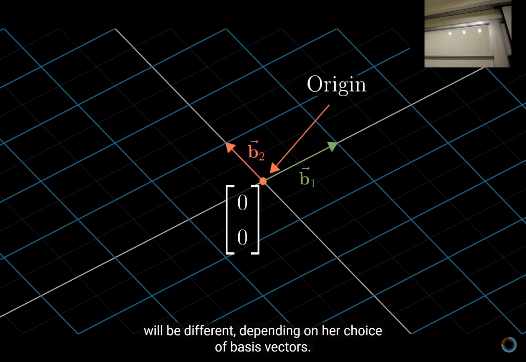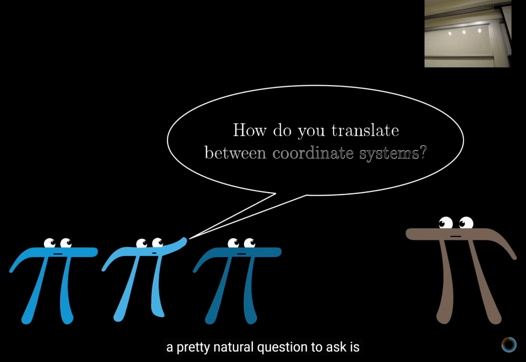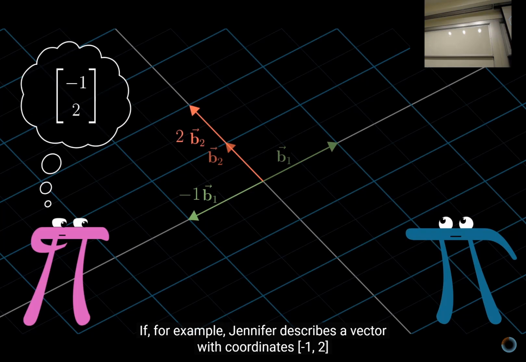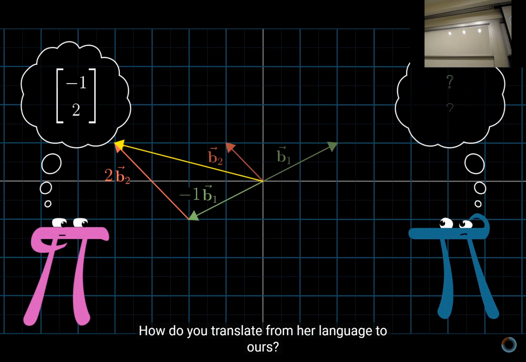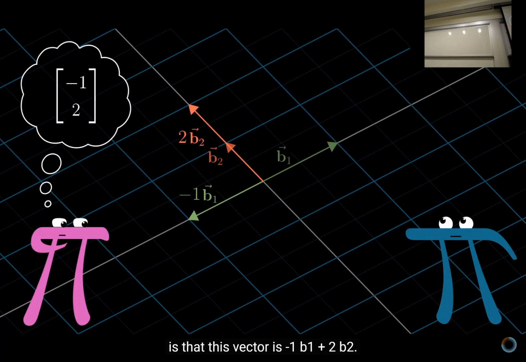So after all this is set up, a pretty natural question to ask is how we translate between coordinate systems. If, for example, Jennifer describes a vector with coordinates -1, 2, what would that be in our coordinate system? How do you translate from her language to ours? Well, what her coordinates are saying is that this vector is -1 times b1 plus 2 times b2.